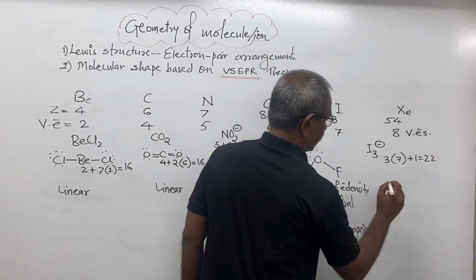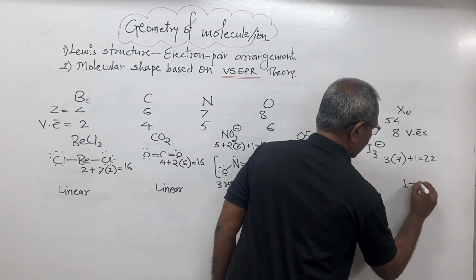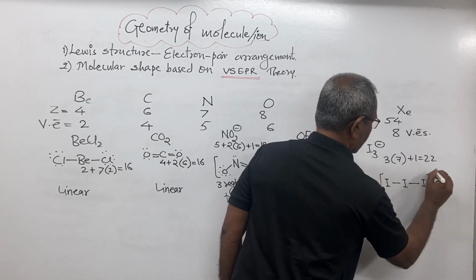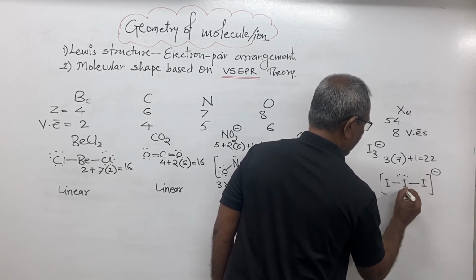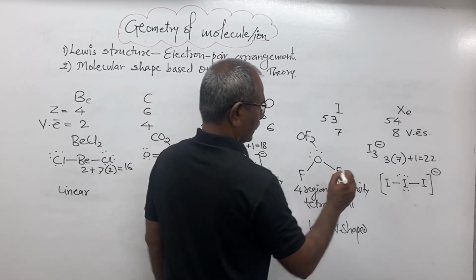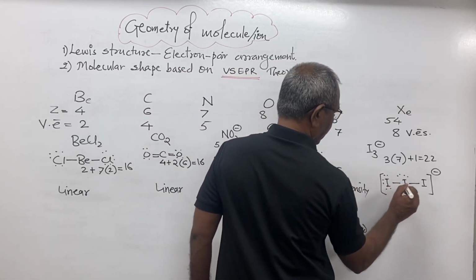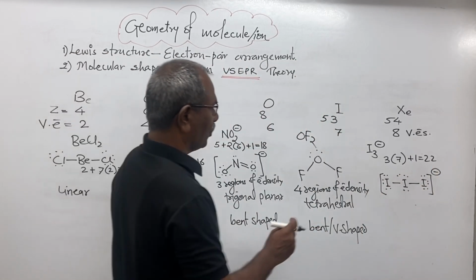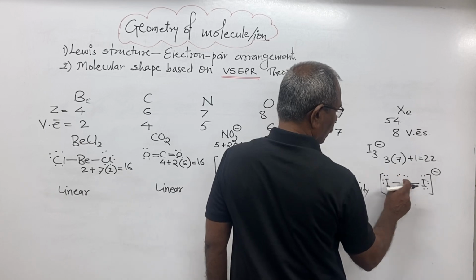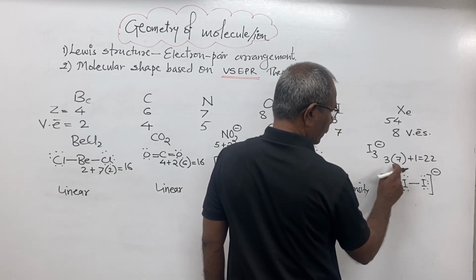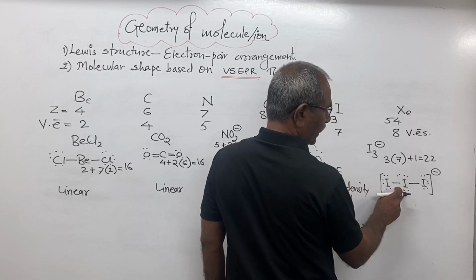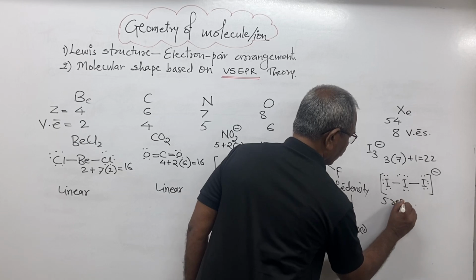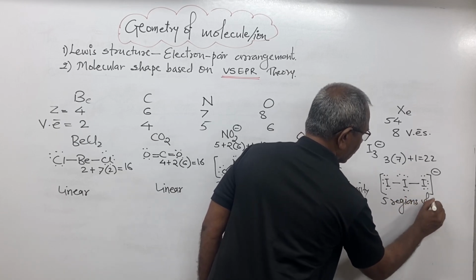So you can write like this. 1 pair, second pair, third pair, and 1, 2, 3, 1, 2, 3. So the central iodine has 2 bonding regions, as well as 3 lone pairs. So a total of 5 regions of electron density.